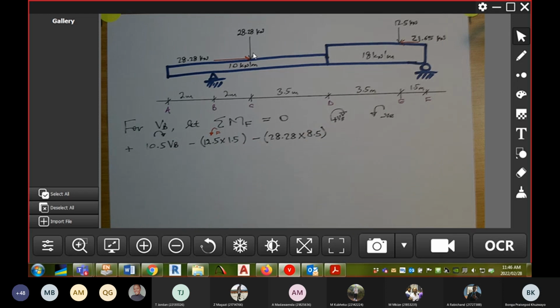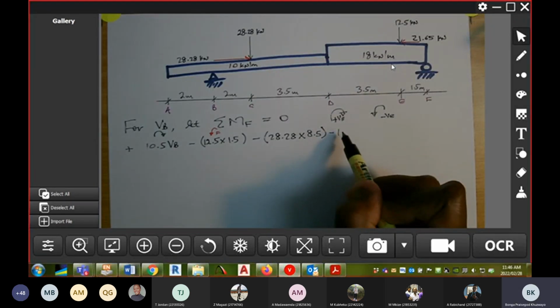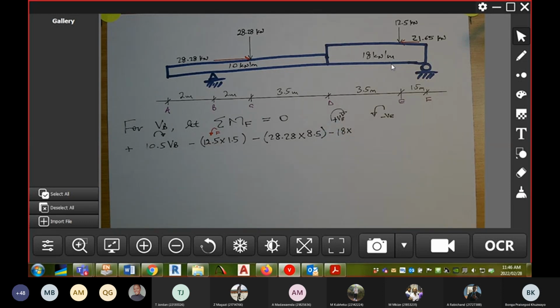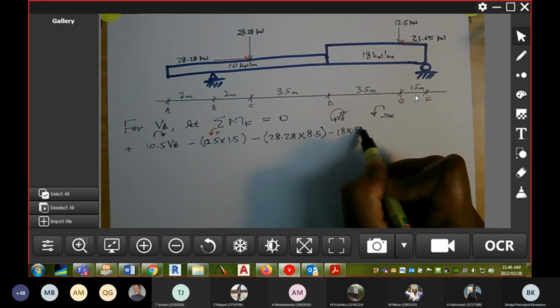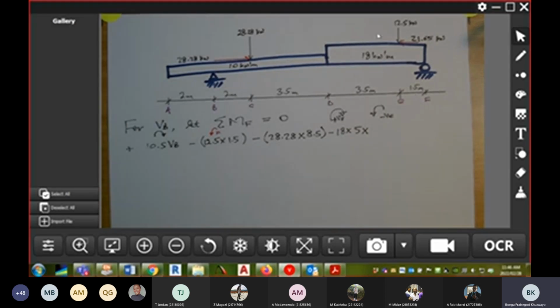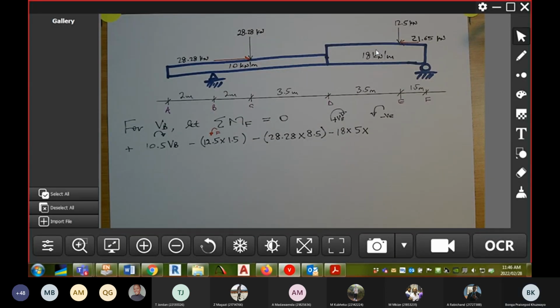Right? Okay, right. Then we're going to move on to the 18 kilonewton per meter uniformly distributed load. There's 18 there over a distance of, that's the distance there. Okay, so 18 times 5 times, what is the lever arm for the UDL?